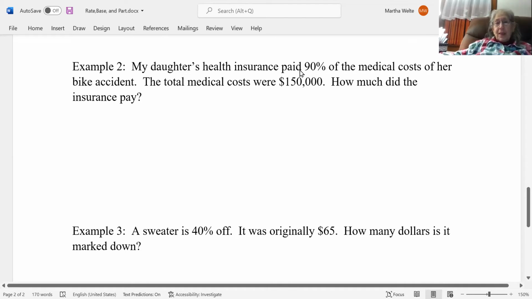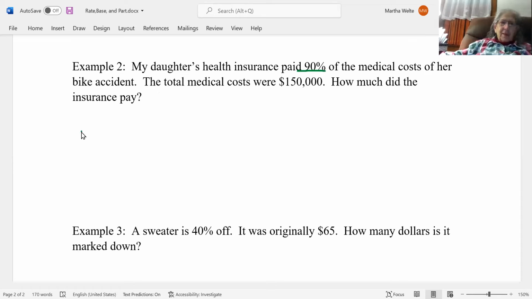Well, let's start with the easy one, 90%. That must be the rate. The rate is 90% rewritten as a decimal. The rate is 0.90. Now, it's 90% of the medical cost of her bike accident. The total medical costs were 150,000.